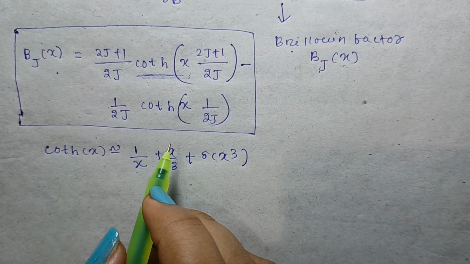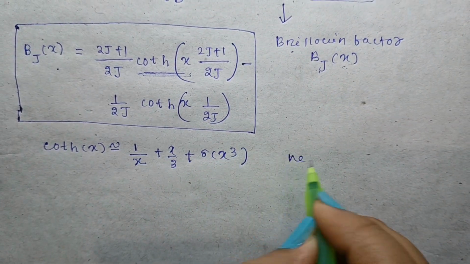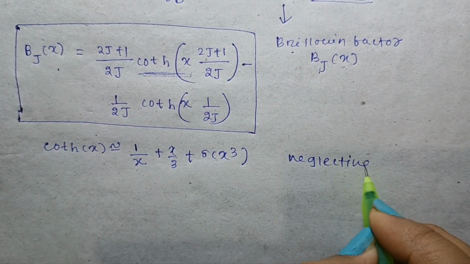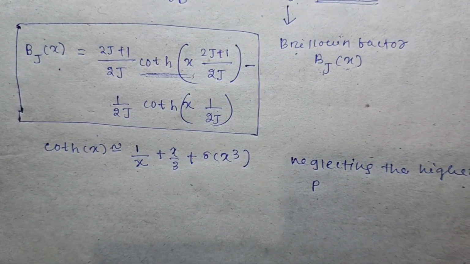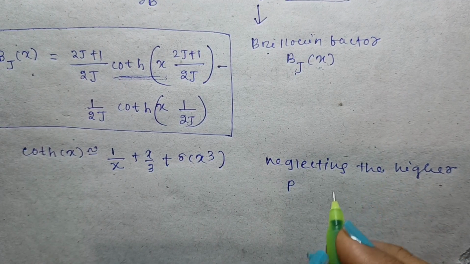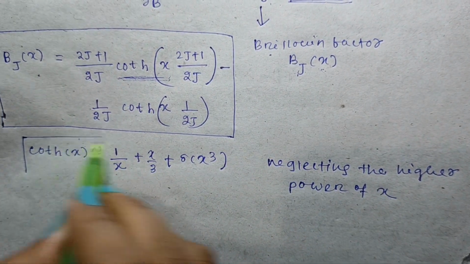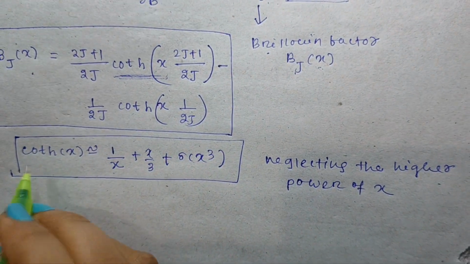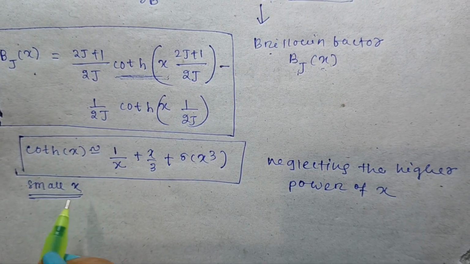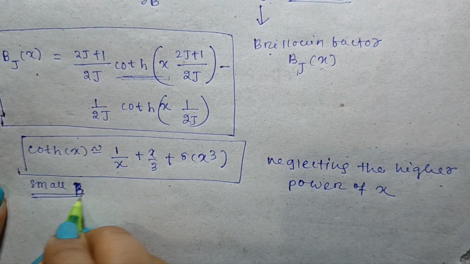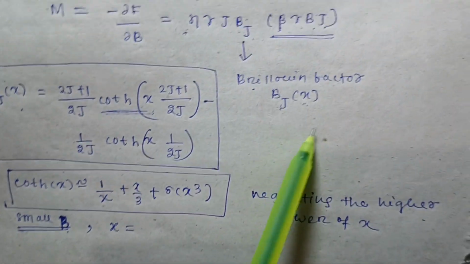Here we are neglecting the higher powers of x. So this is the case arising for small x, when a small magnetic field is applied. Then what is the value of x?